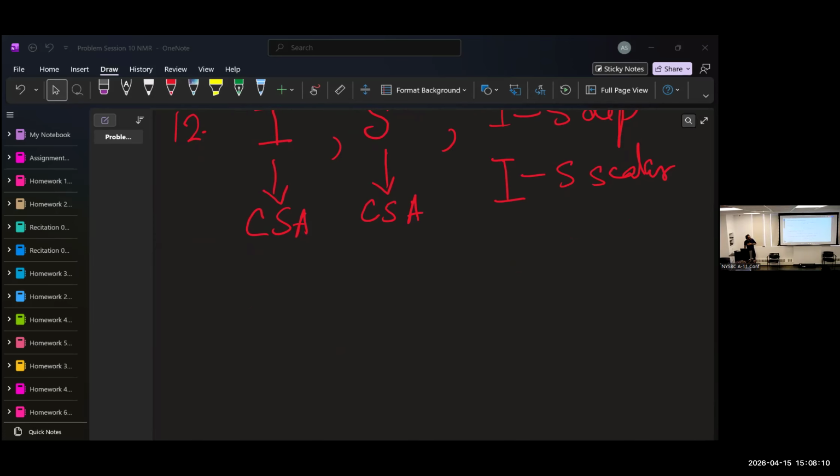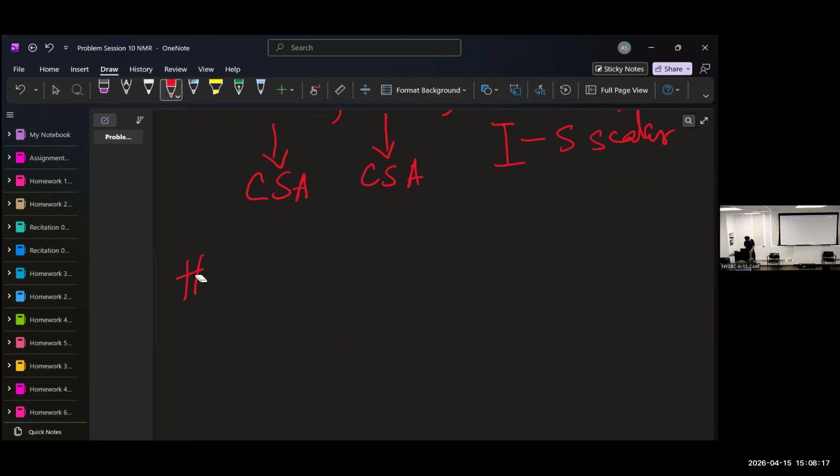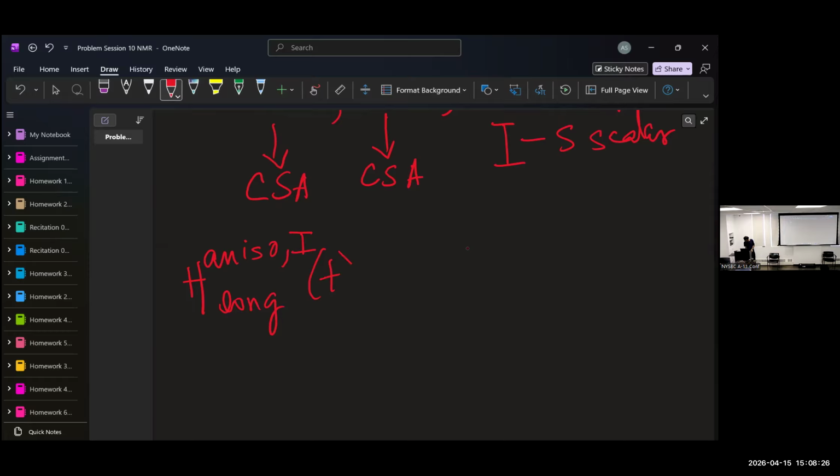And then this gamma delta sigma B naught. So for each individual spin, what are all the things that will be different for I and S in this expression for the time dependent Hamiltonian?